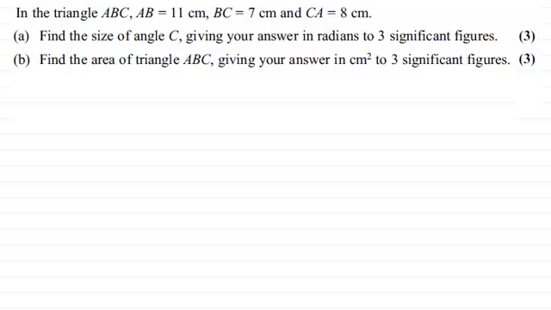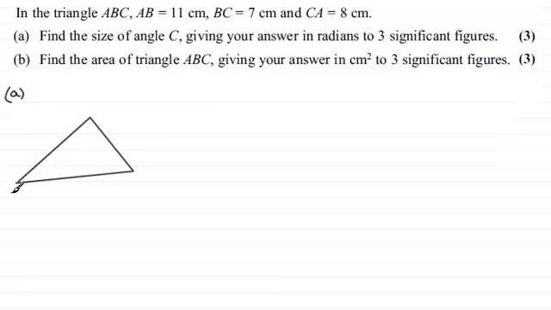Okay, welcome back then. Now for the first part, part A, what we ought to do is just sketch this triangle out, okay? I'm not saying this is accurate, but we'll have something like that.